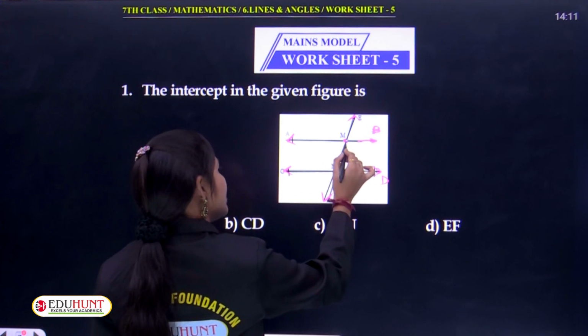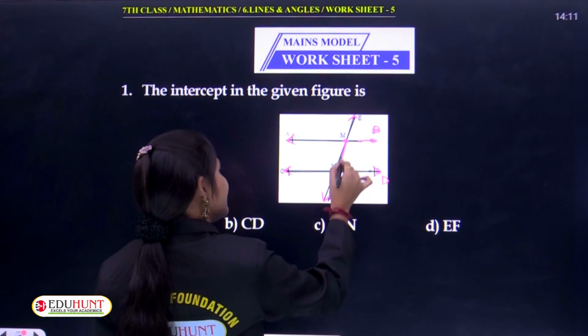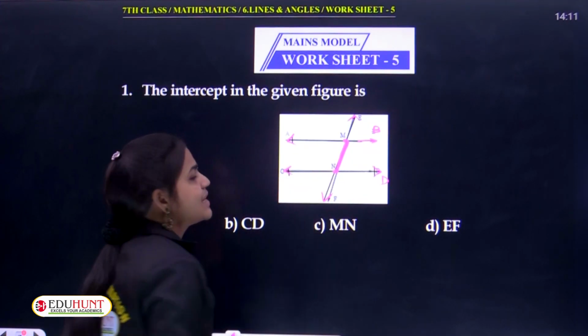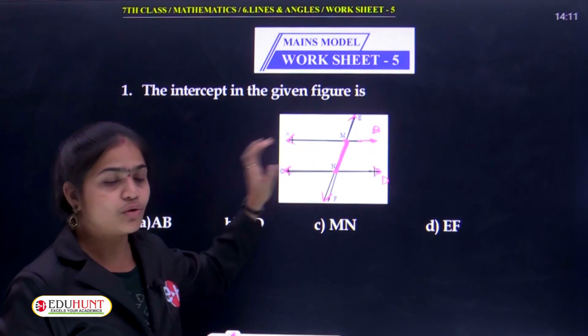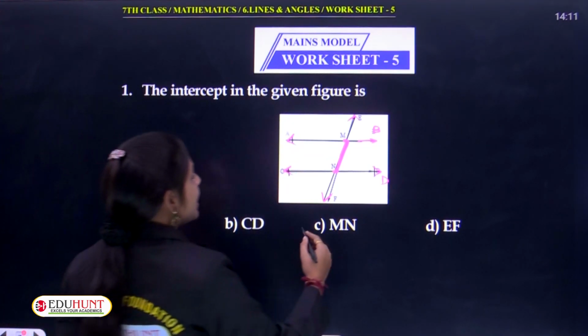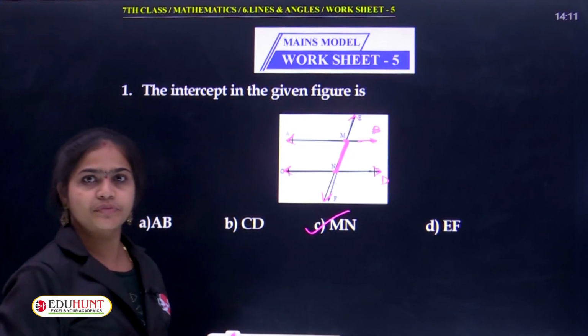Then which one will we call the intercept? Here MN is called the intercept. That is the distance between the two parallel lines. So MN is the intercept.